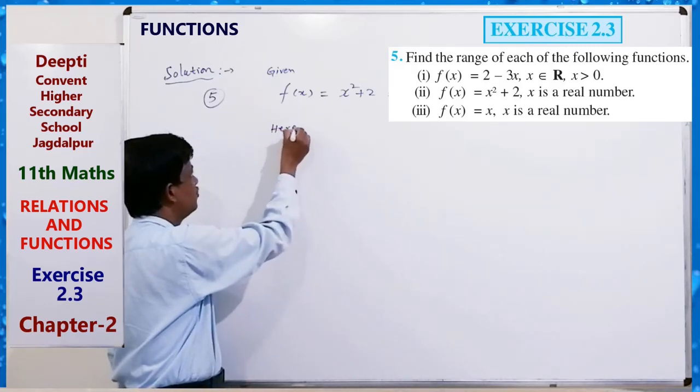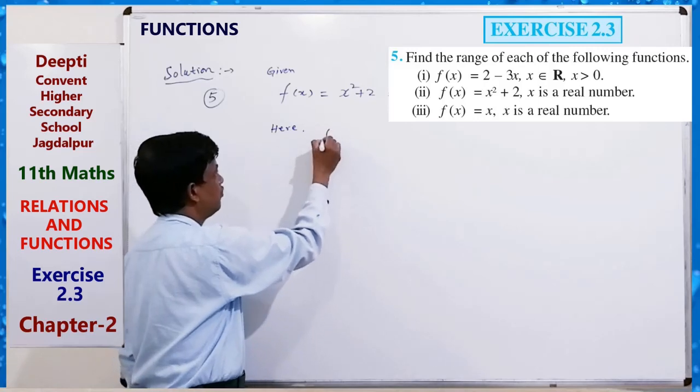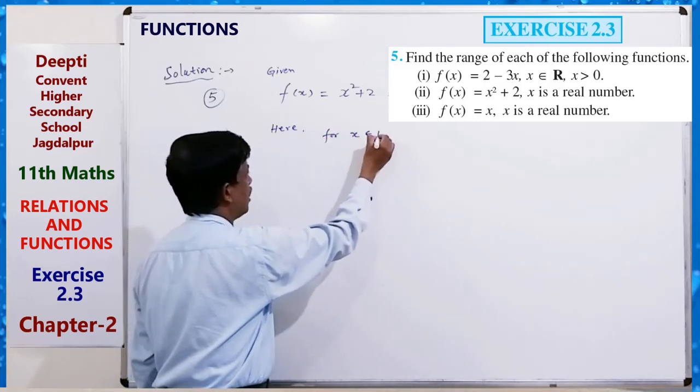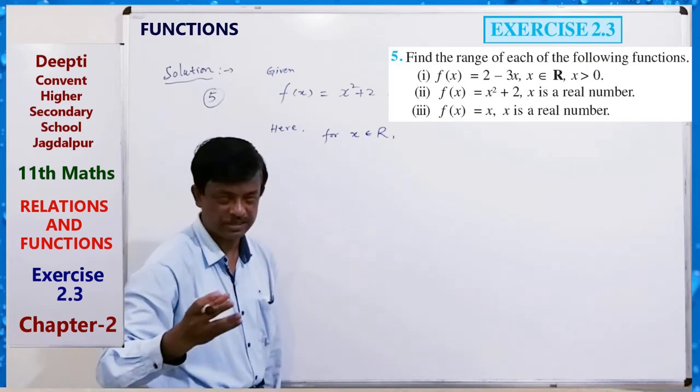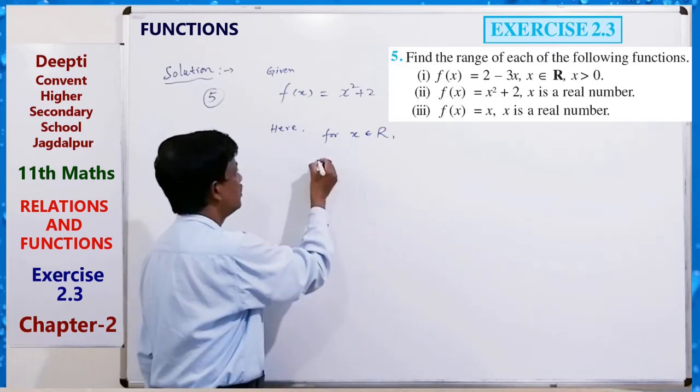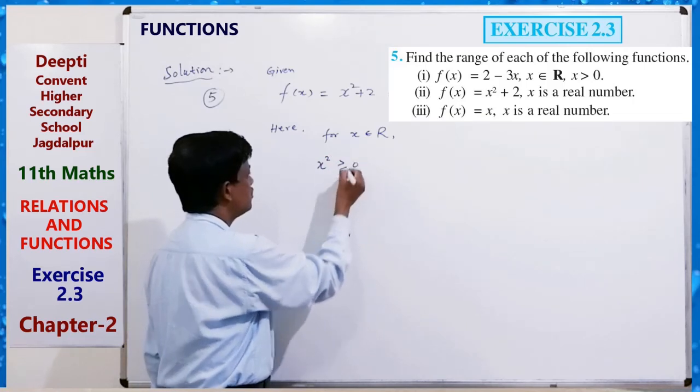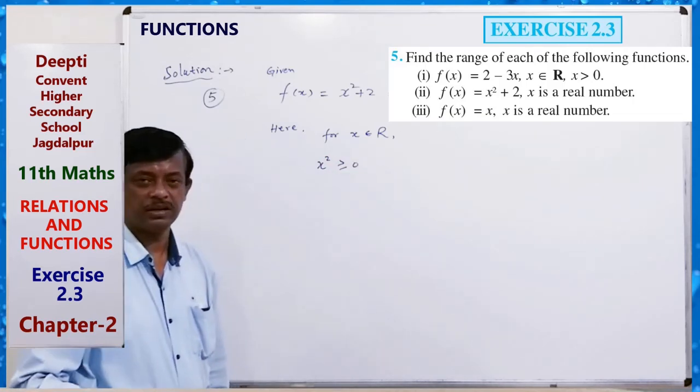X belongs to R means x is a real number. If x is a real number, x square is greater than or equal to 0. Take any real number and square it, and it is greater than or equal to 0.